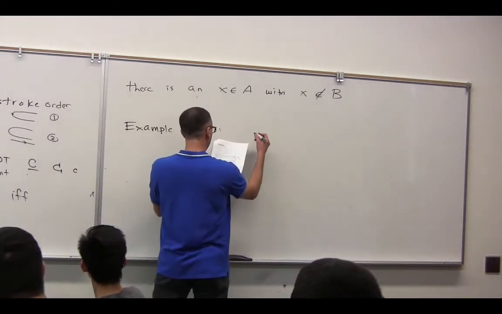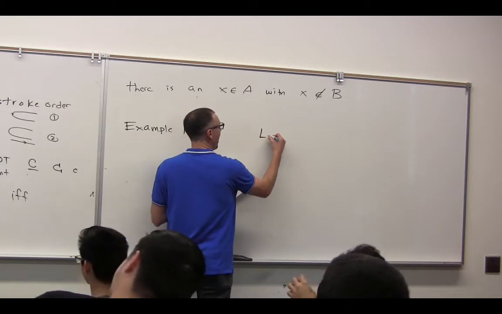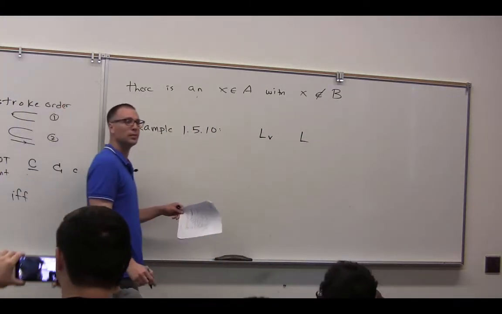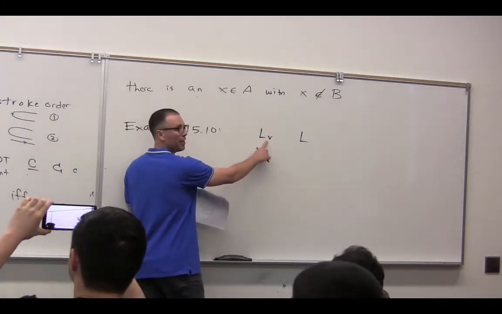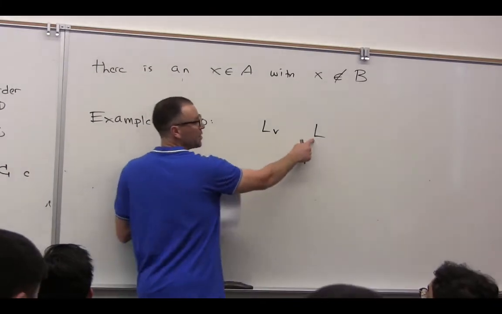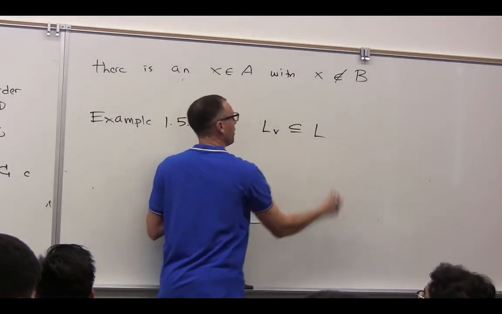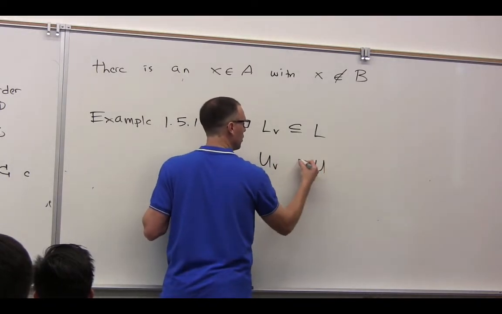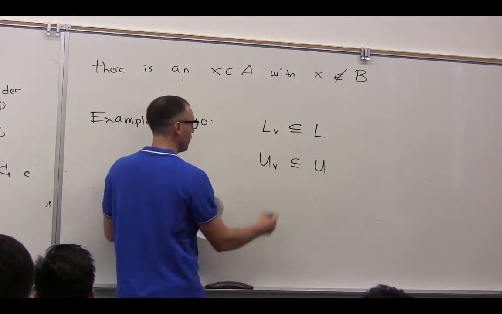Okay, so let's take a look at this. L sub v, how's that related to L? What is L sub v again from our previous examples? Lowercase vowels. How's that related to L? Subset. Okay. U sub v, how's that related to U? Okay.